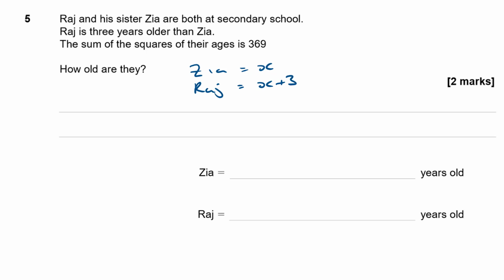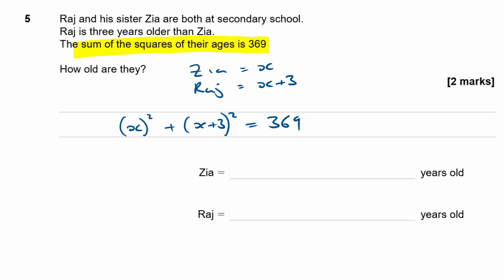So then we're told that the sum of the squares of their ages is 369. So the sum of the squares means take their two ages, square them, and add them together. So I get x squared plus (x plus 3) all squared, and then that is equal to 369.